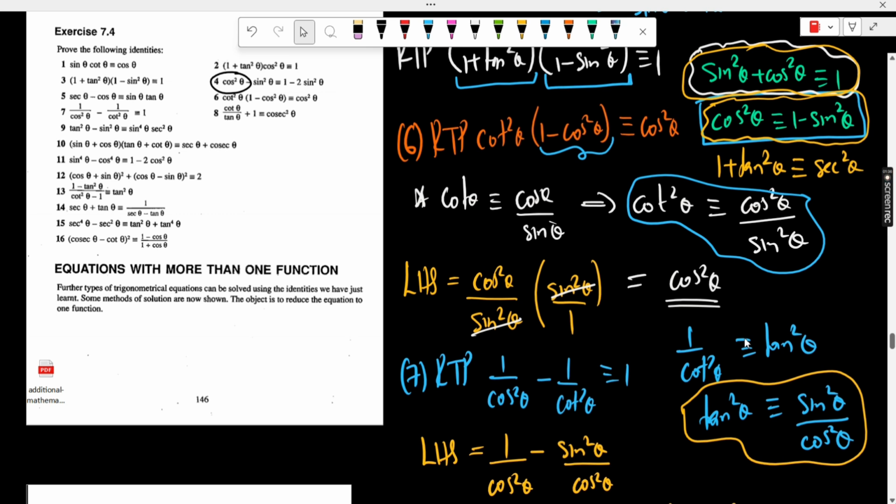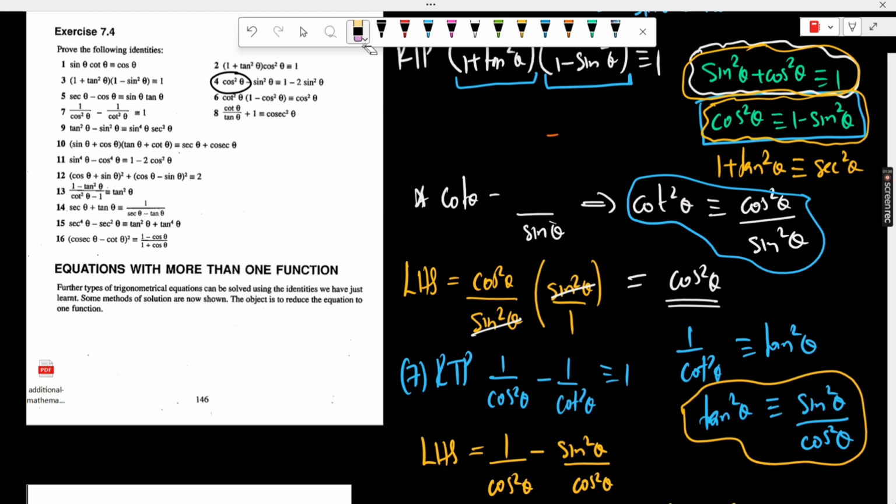All right, so let's go through a few more. Number 9 looks a little bit complicated, but I want you to try number 8. Number 8 says prove that cot theta divided by tan theta plus 1. I'll give you a few little hints.